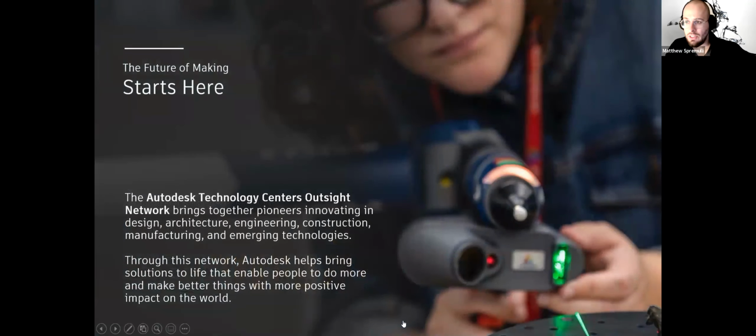So the technology centers are basically a place where Autodesk helps external teams explore the future of making. And we bring together everybody. They can be academics, they can be in construction, fabrication, design, and we really want to help them innovate, like using generative design for a problem.